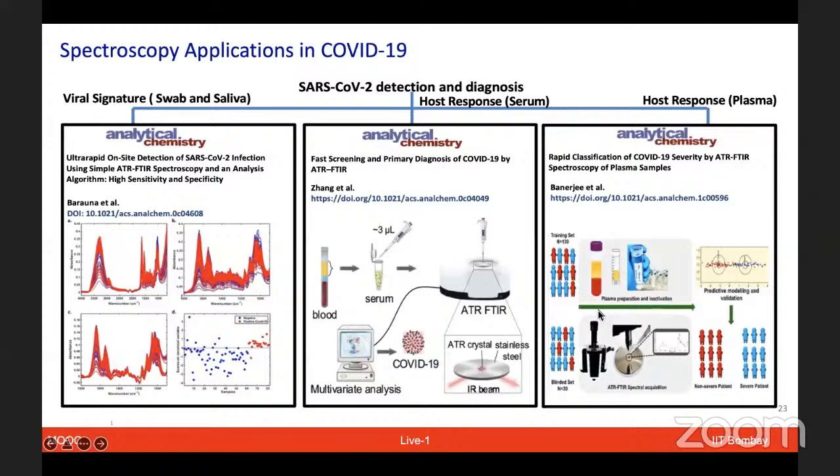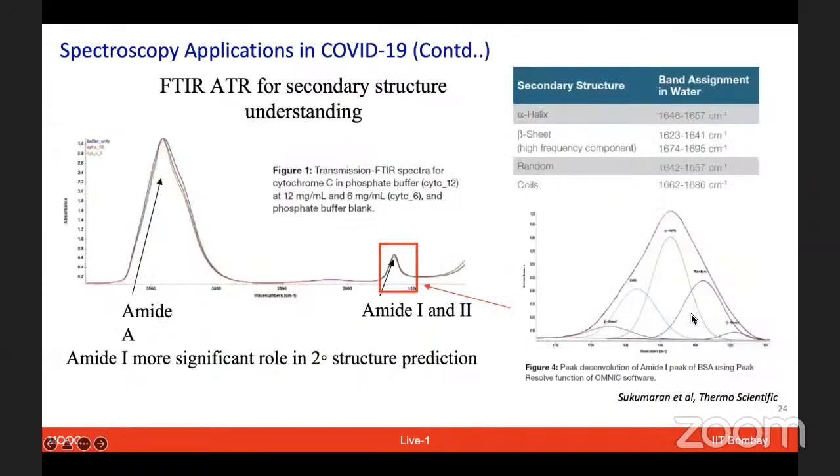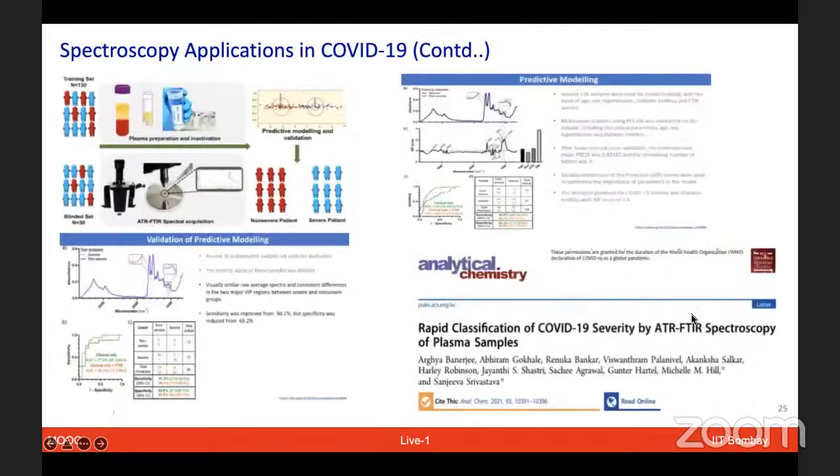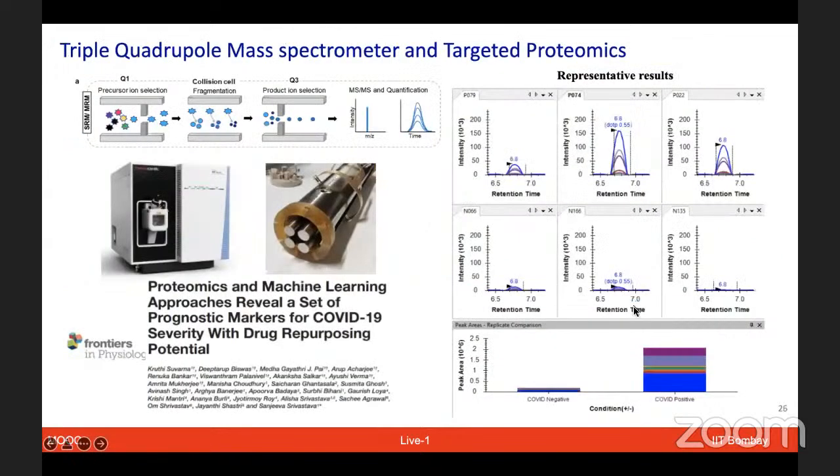Very good, Argo. This work which Argo and team did was published in Analytical Chemistry and got quite a bit of attention, becoming a very easy way of detecting severity in COVID-19 patients. Moving forward, another mass spectrometry-based technology, which you will study quite a bit in this course, is a new advancement based on mass spectrometers known as targeted proteomics.